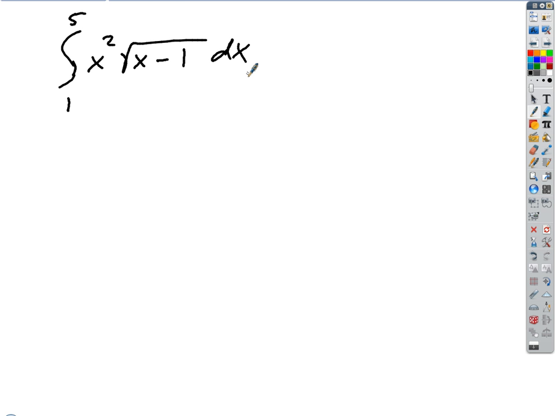Same kind of problem, right? We've got something too complicated under the radical. We have to simplify what's inside that radical, don't we? Okay, so what's our substitution?